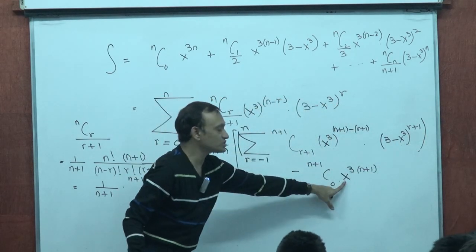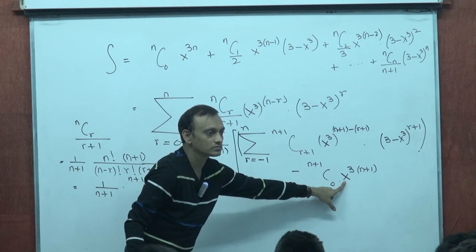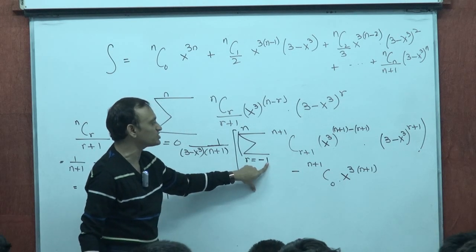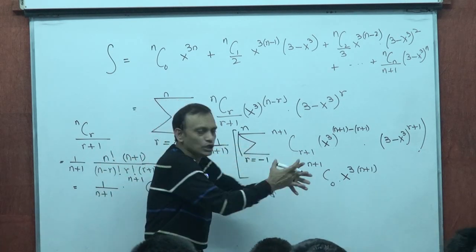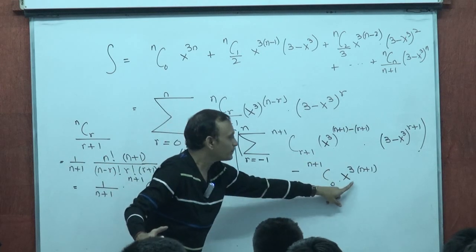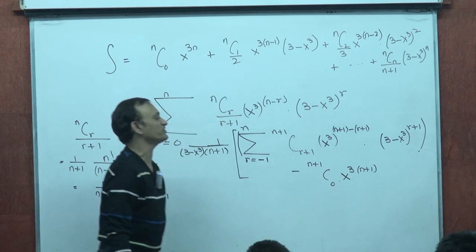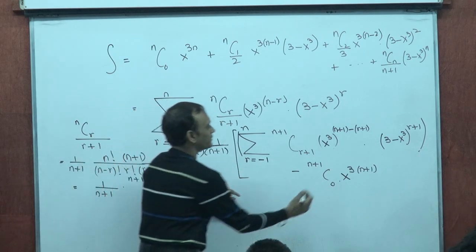This is the term to be adjusted. Does it make sense? The term corresponding to r = -1, which was the only term missing in a complete binomial expansion, I added in the summation and manipulated outside the summation. That's what we did.